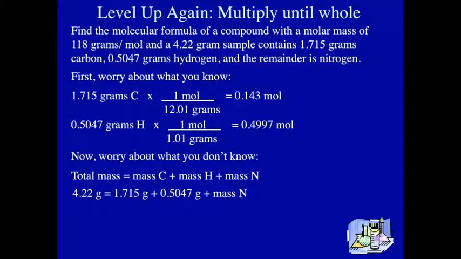So if I plug in my values, this is basically my X value. I'd subtract both of these from 4.22 in order to find that my mass of nitrogen is 2.00 grams.